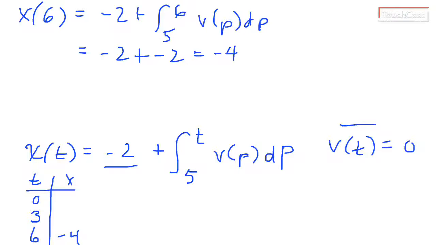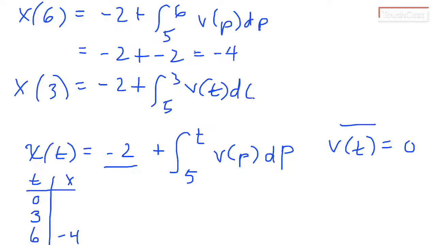Now I'm going to have to figure out x of, for example, 3. That's going to be negative 2 plus the integral from 5 to 3 of v of t dt, which is negative 2 minus the integral from 3 to 5 of v of t.